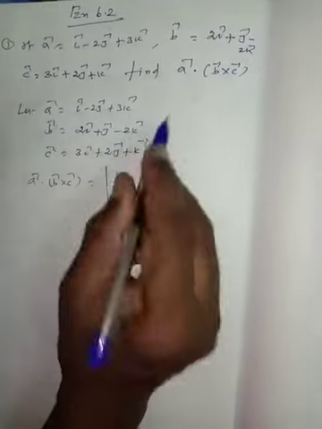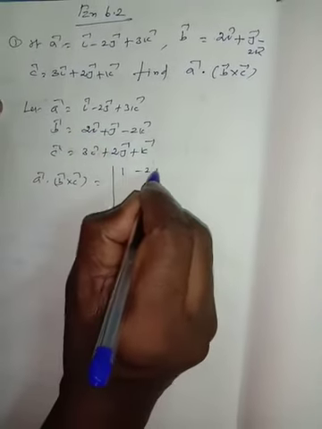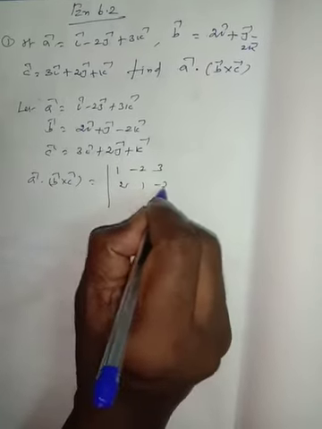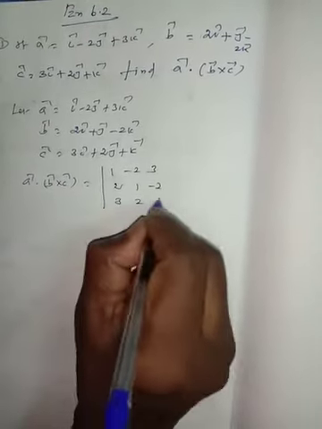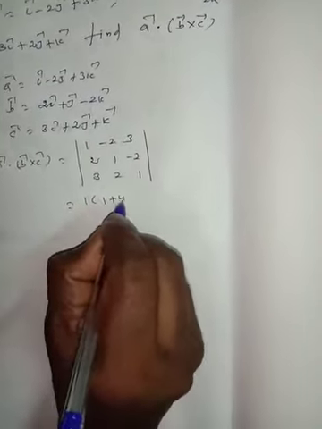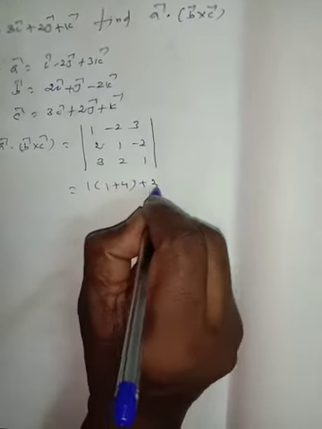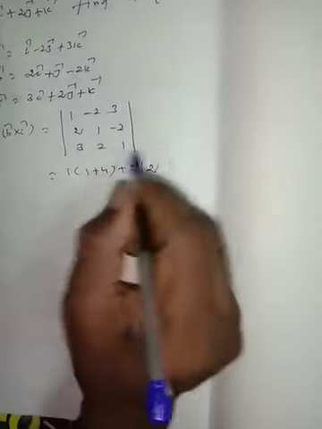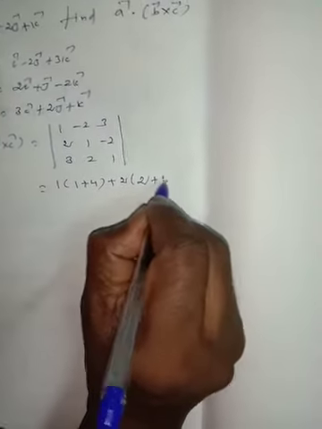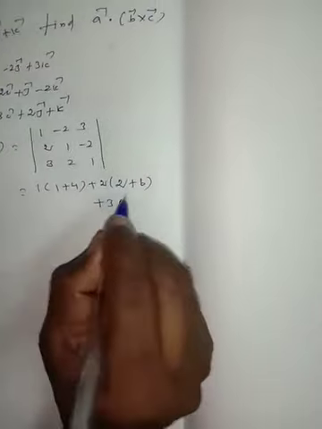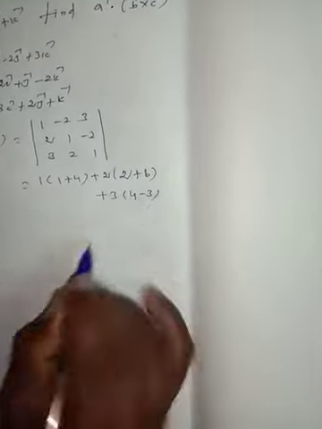The coefficients are 1, minus 2, 3; next 2, 1, minus 2; 3, 2, 1. Expanding: 1 into (1 plus 4) minus of minus 2 into (2 plus 6) plus 3 into (4 minus 3).